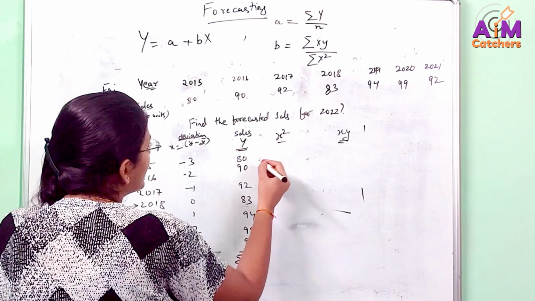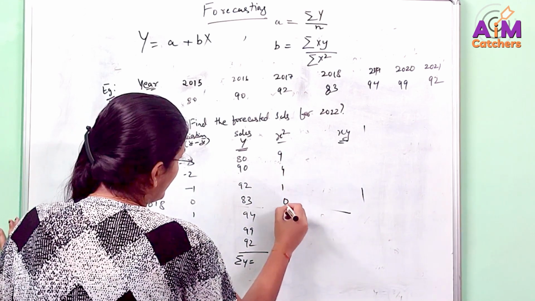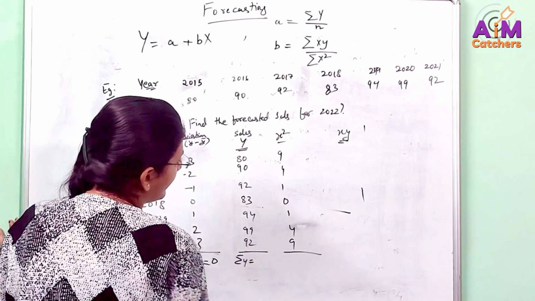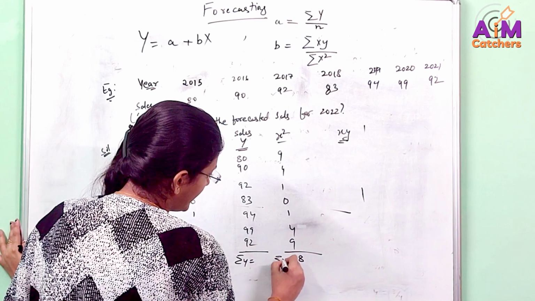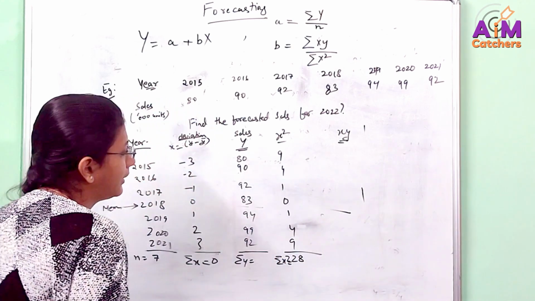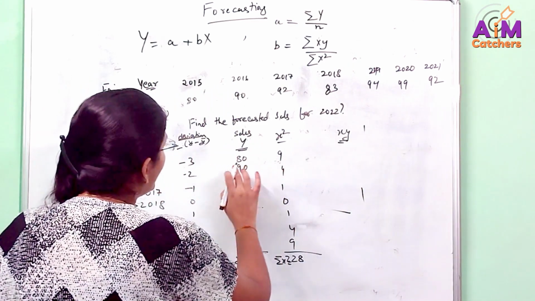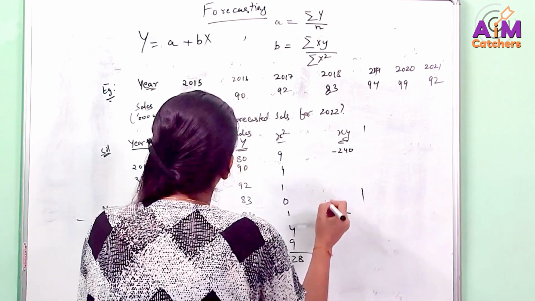Now we'll calculate the x square. 3 square will be 9, 2 square will be 4, 1 square 1, 0 square 0. Again 1, 4, 9. Again you can sum this up. That is sigma x square equal to 28. Now xy: 80 into minus 3, minus 240.